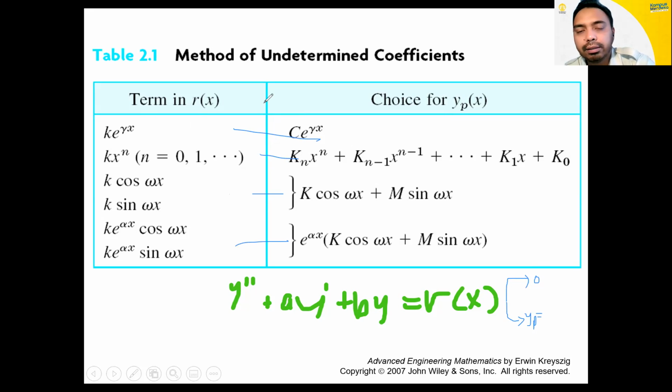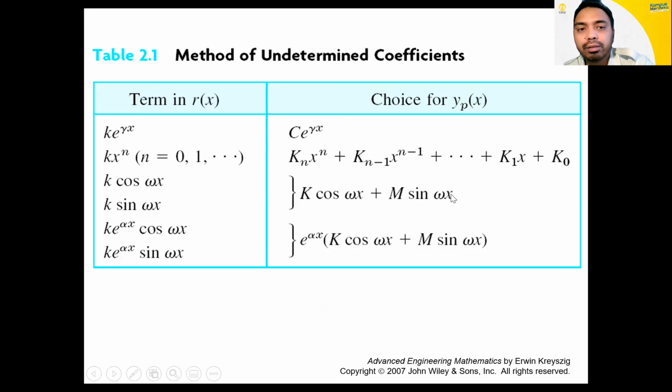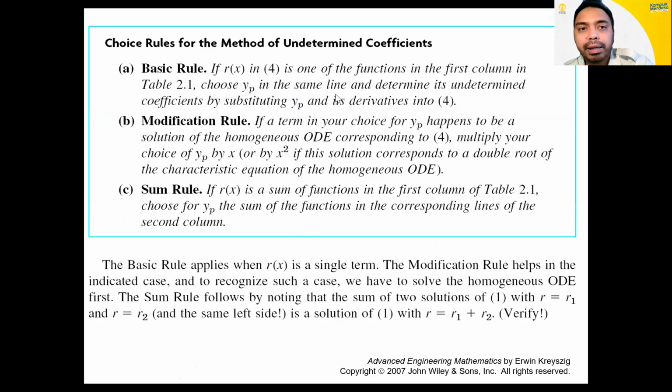But there are rules to follow when you do that. You see over here, the basic rule means that if y_h is not equal to any of the y_p, then you use that.